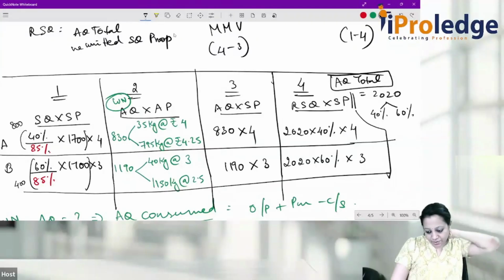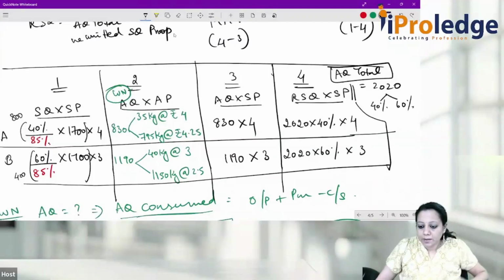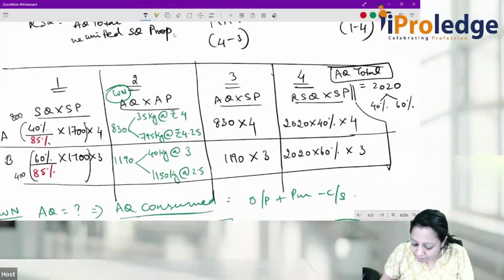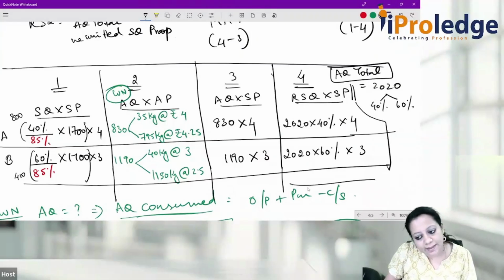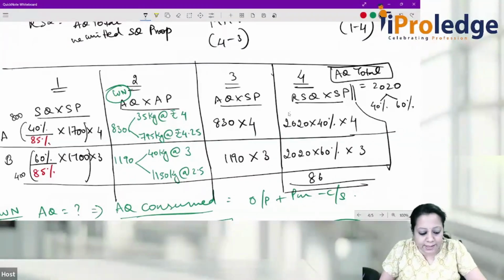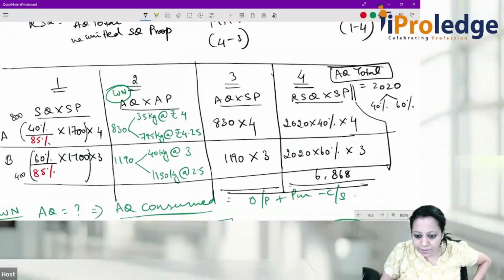Now we will proceed, students. 2020 into 40% into 4 is 3232. Put it in memory. 2020 into 60% into 3 is 3636, plus, that gives 6868. Now we will do this total.